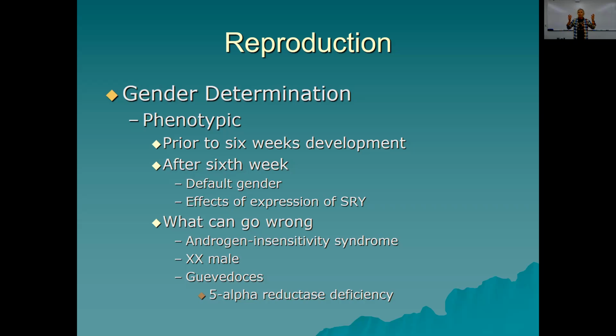And so what do testes do? They secrete testosterone. Testosterone goes throughout the fetus's body, converts the genitals into male genitals.